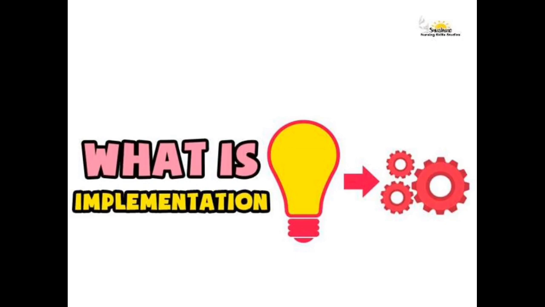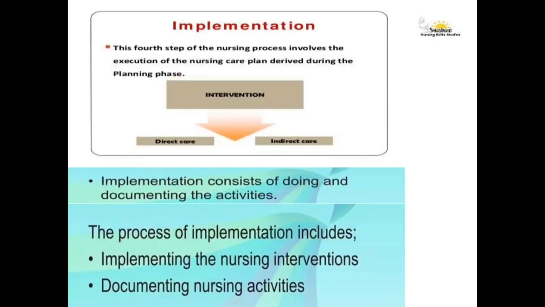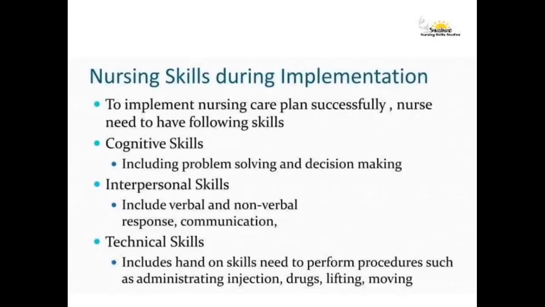That is, we are going to bring all the thoughts which we have planned in the nursing intervention into actions. Documenting the nursing activities is also very much important. There are some skills which are required for implementation, that is, cognitive skills, interpersonal skills, and technical skills.